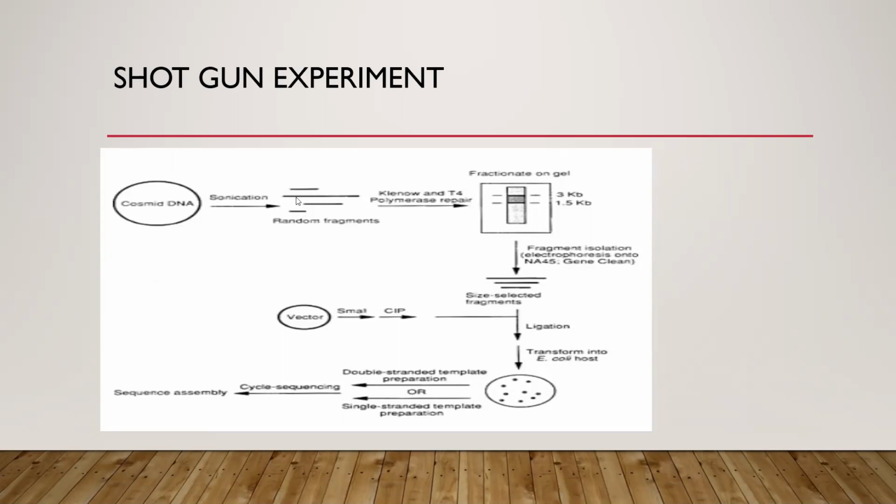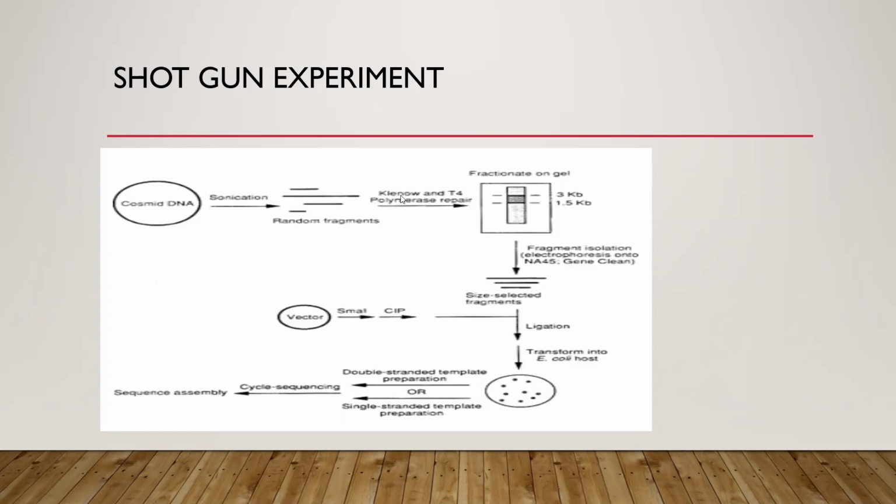The starting DNA is broken up randomly into many small pieces, like in a shotgun experiment, with each of those pieces then sequenced individually, identifying overlapping regions. Okay, this is random fragments.